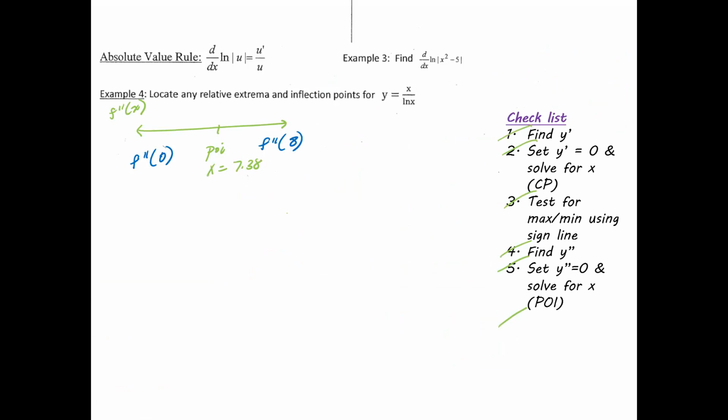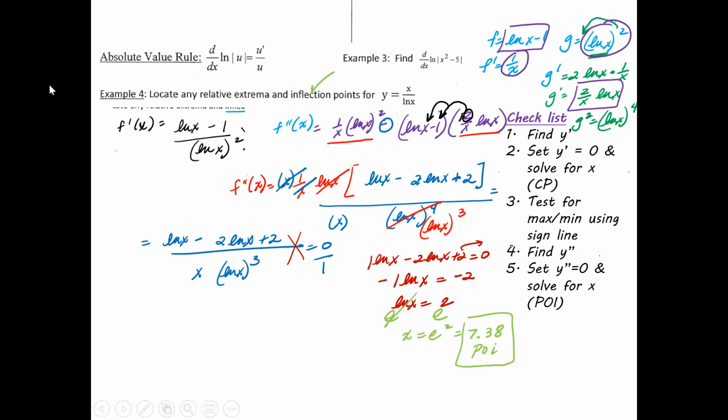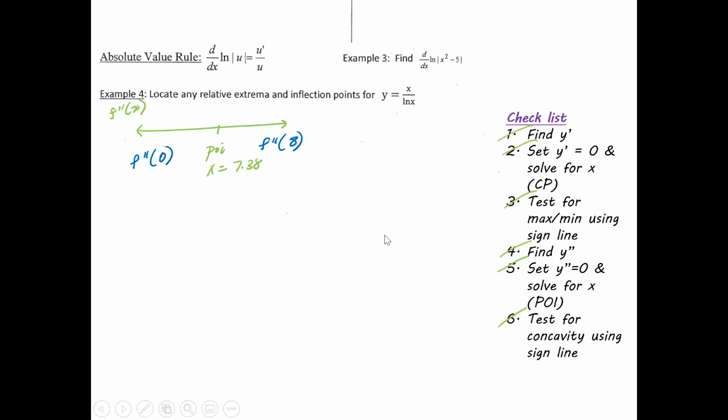Remember with your f double prime of x, your f double prime of x is going to be -1 ln x plus 2 over x ln x cubed.